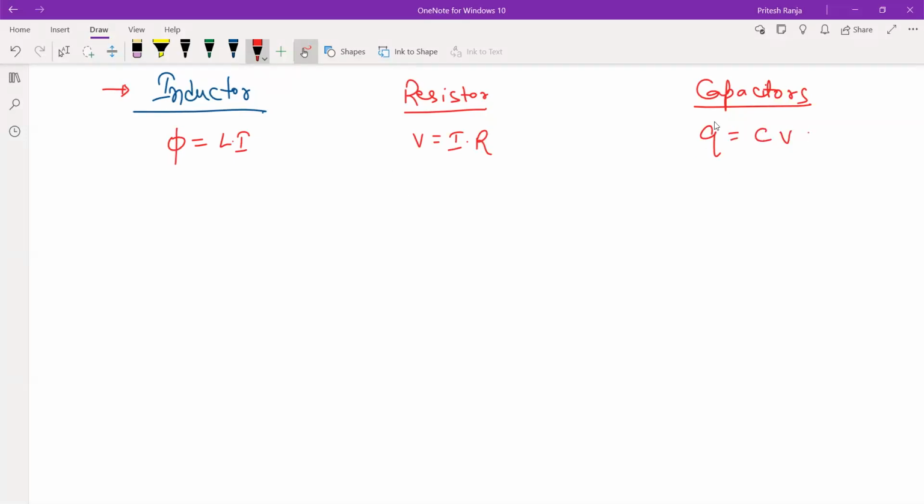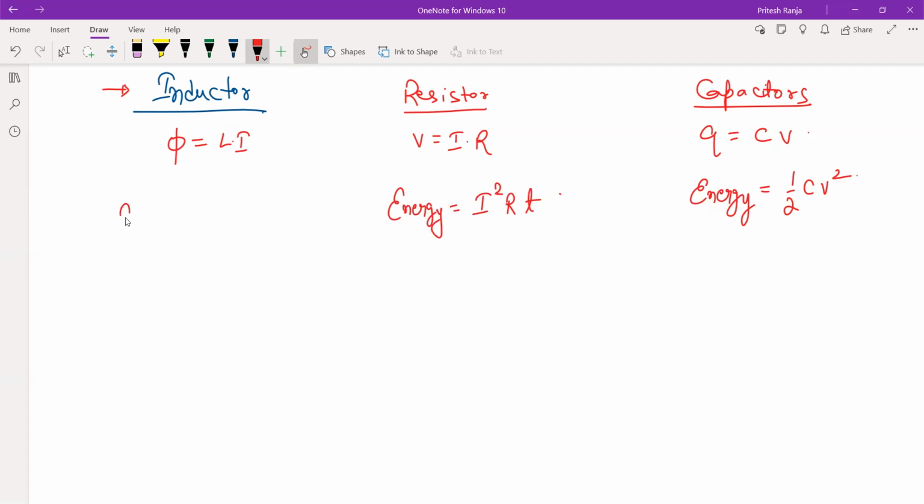Talking about the energy stored in the capacitor, the expression was half CV square. Energy dissipated across the resistor was I squared RT.